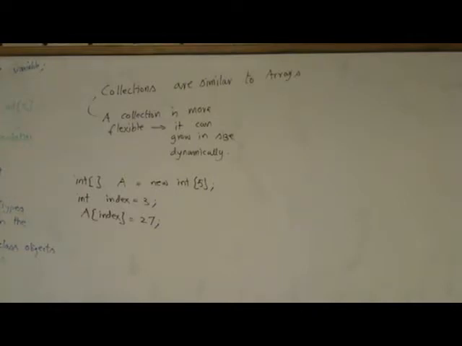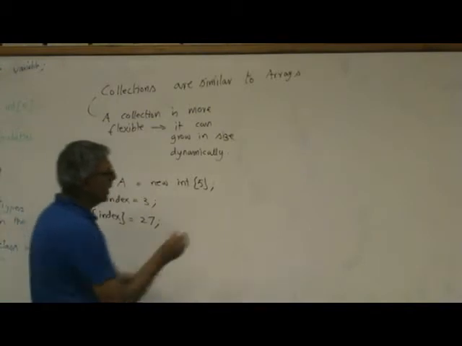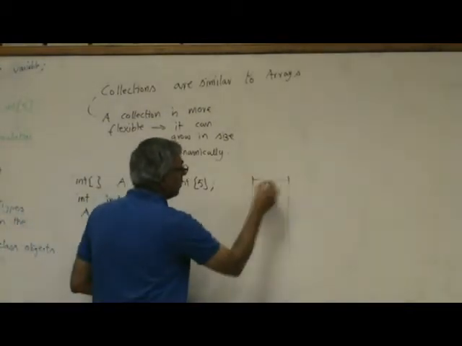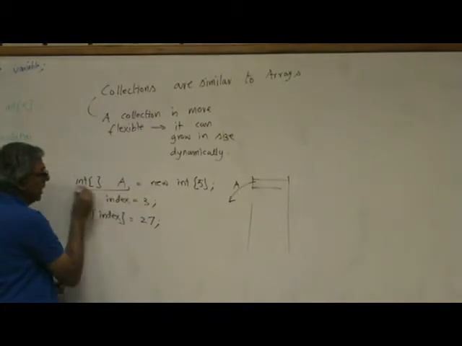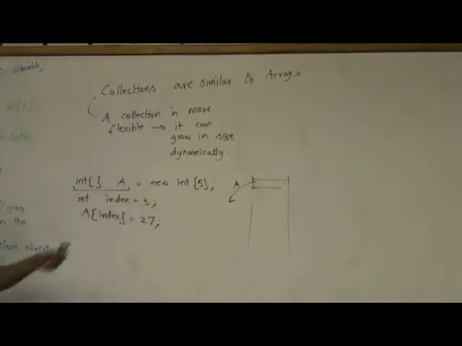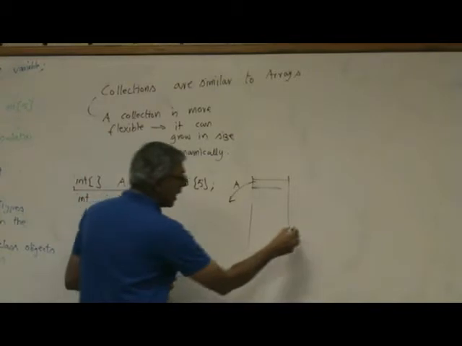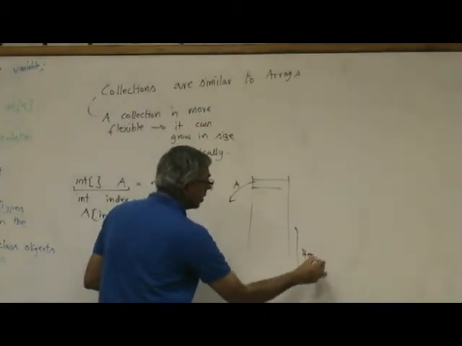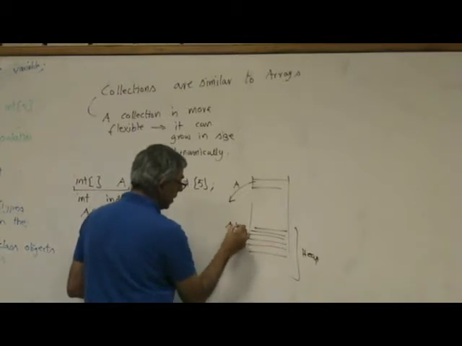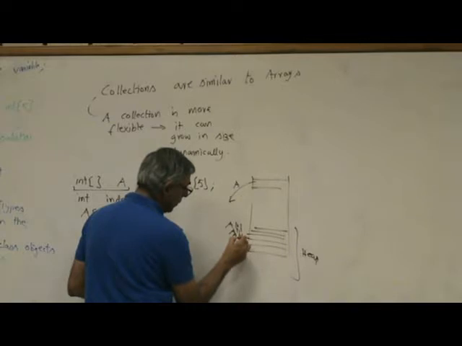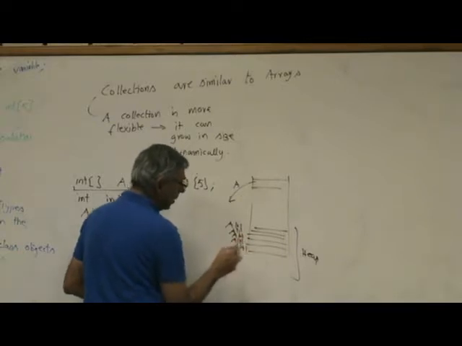So what will the computer do in this case? Once we allocate this memory, remember, there will be a reference created in the stack area, correct? How much memory are we allocating from the heap area? 5, so that's easy: A of 0, A of 1, A of 2, A of 3, and A of 4.